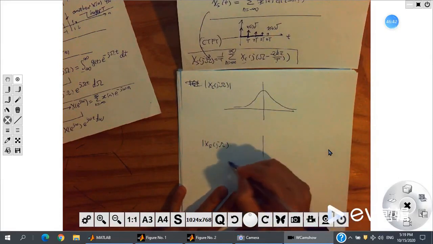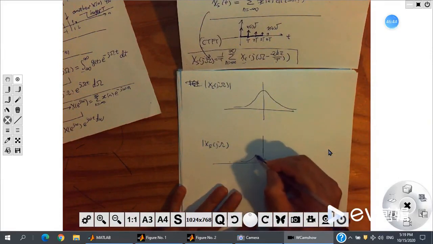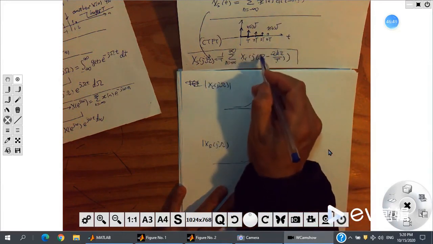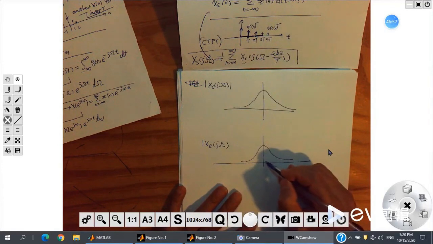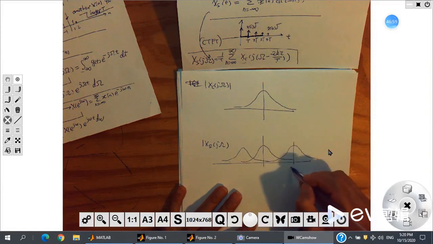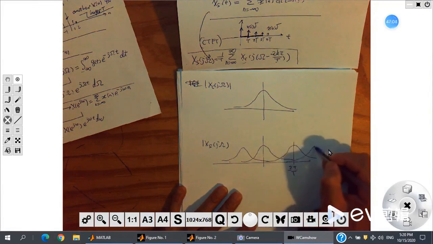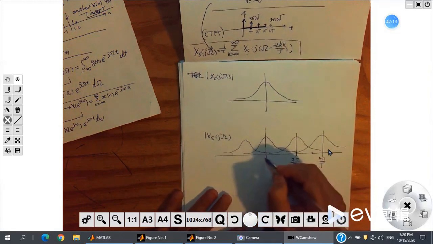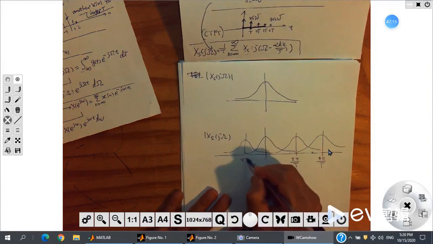So you have exactly the same shape. Here no scale on omega. But the center here is 2k pi over T. So the first one is 2 pi over T, the second one, the third one should be 4 pi over T. On the negative side, this will be negative 2 pi over T. Center is here.